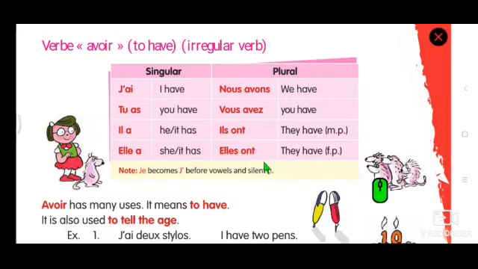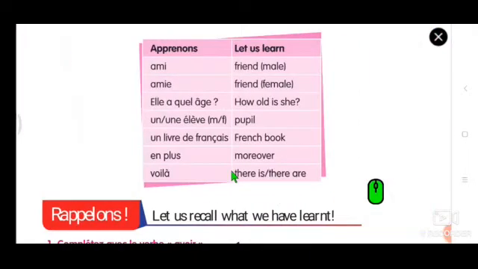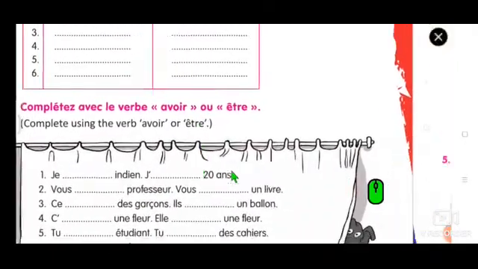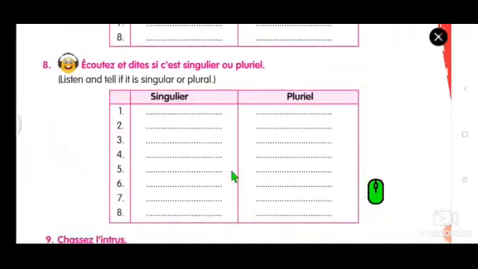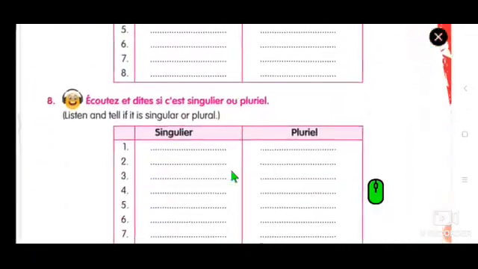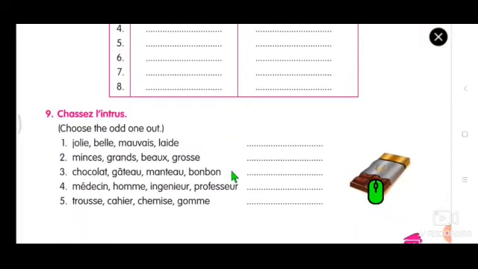If you know this avoir tabular column, which we have already prepared, it will be easy for you to write the plural. Exercises 7 and 8 are omitted from this lesson. The remaining ones are the hard ones, and this is easy, you can do it on your own.